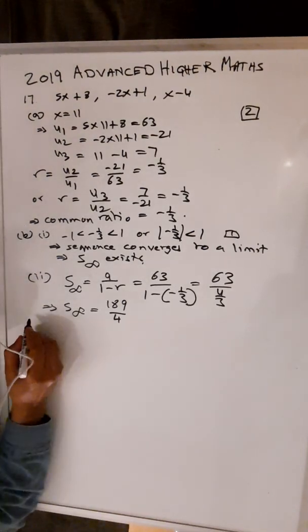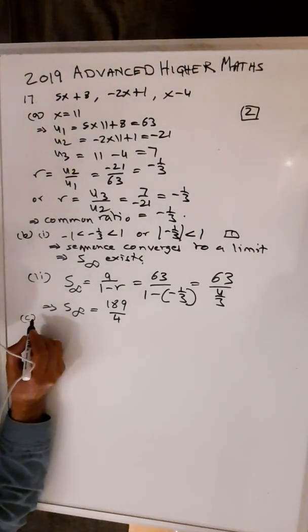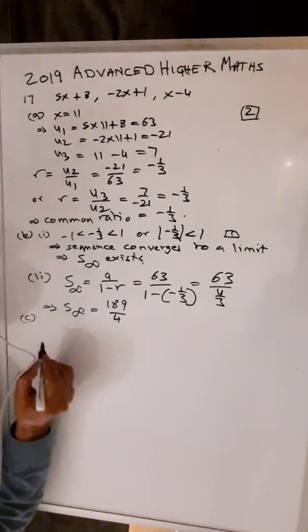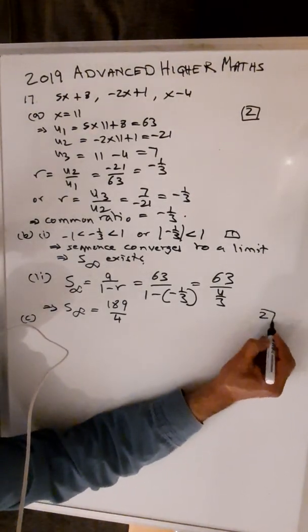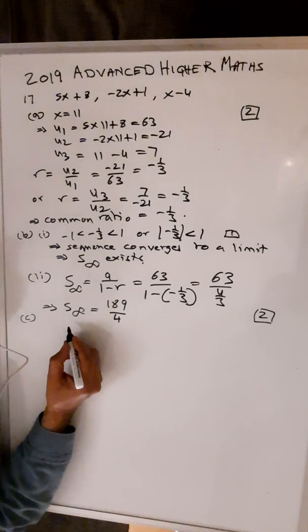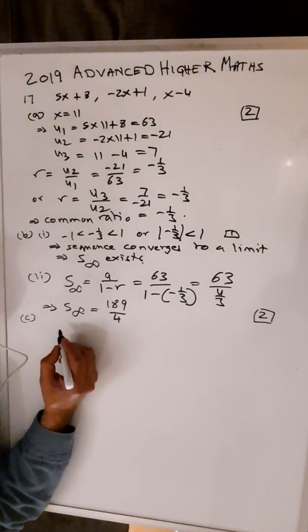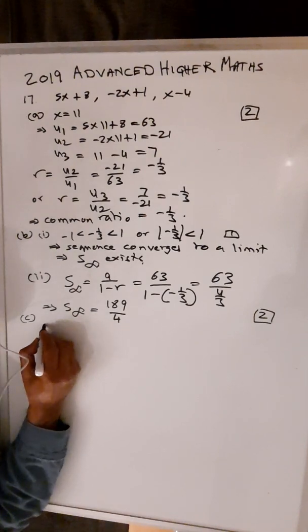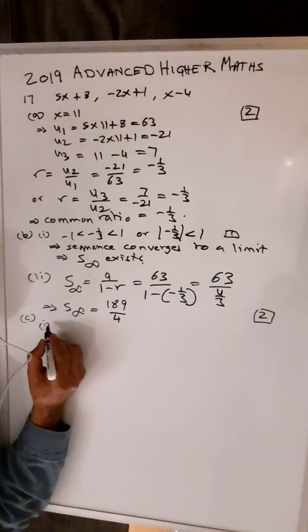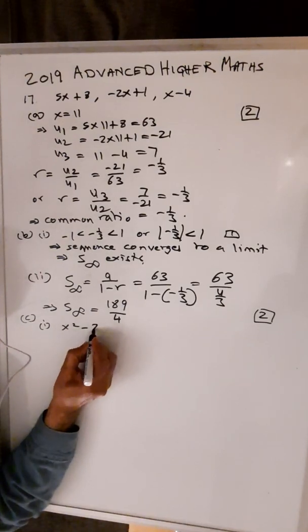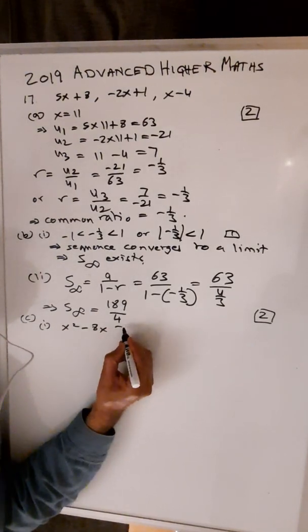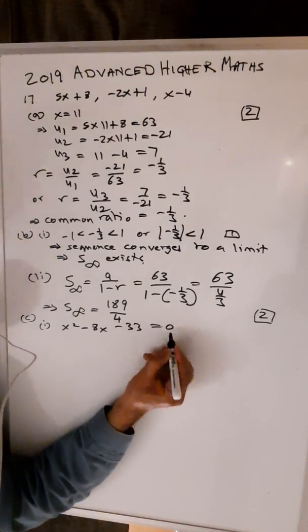For part C, the second part of B is for 2 marks. For part C, there is a second value for x that also gives a geometric sequence. Find this second value, part 1, and show that x squared minus 8x minus 33 is equal to 0.